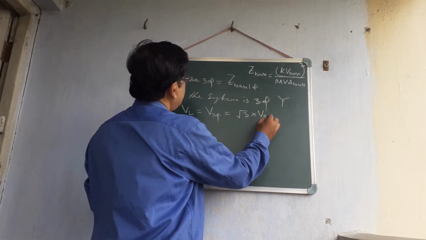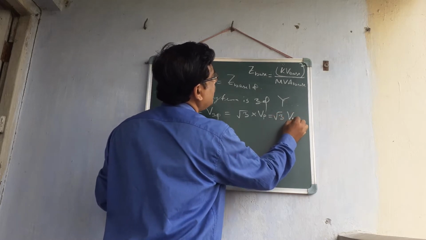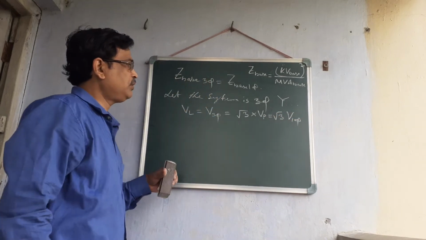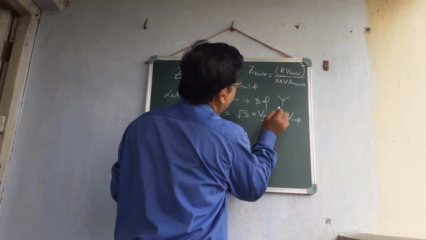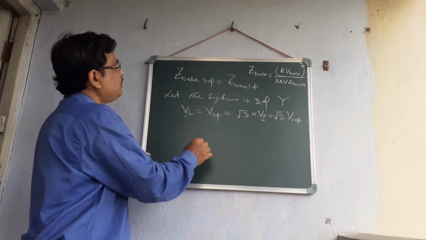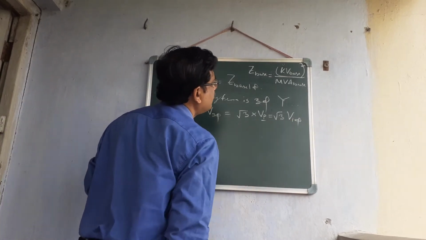That means it is equal to √3 times V of the single-phase system, because in a single-phase system we consider phase voltage, and in a three-phase system we consider line voltage. So it is one conclusion.